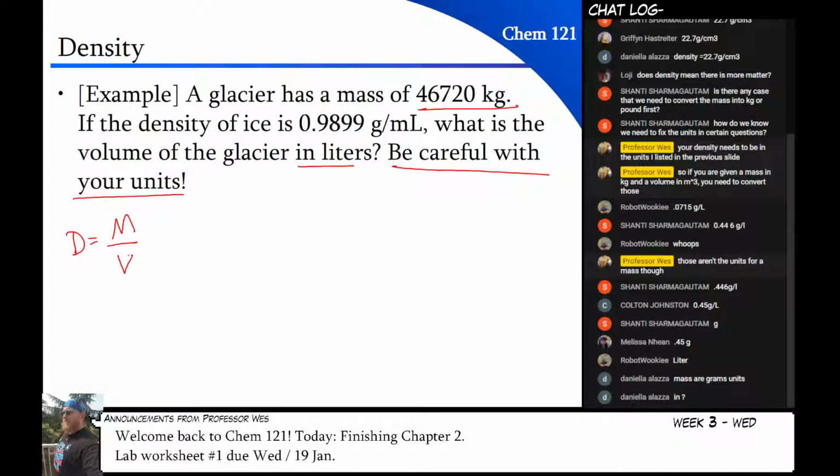So this is the most challenging problem I can give you with density. And so I want you to try this for about 2 or 3 minutes to see if you can get the right answer in the correct units. But if you get stuck, don't worry.